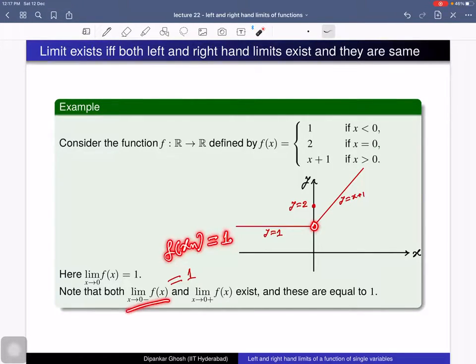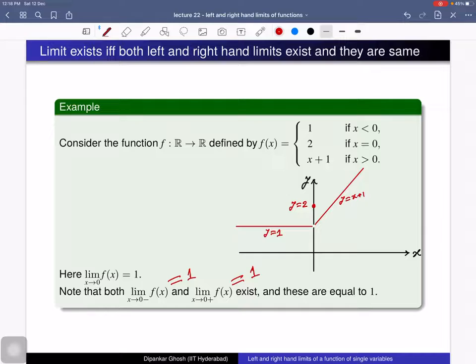So this left hand limit is 1, and this right hand limit one can prove is also 1, because if you consider any sequence which converges to 0 from the right side, its function value will come along this line and will finally approach 1. One can prove this using the definition, using one of those equivalent definitions.